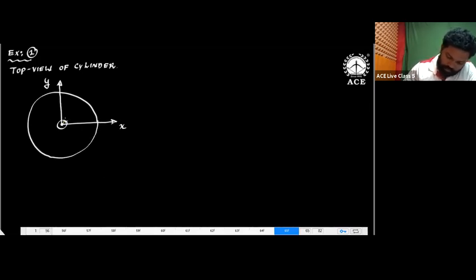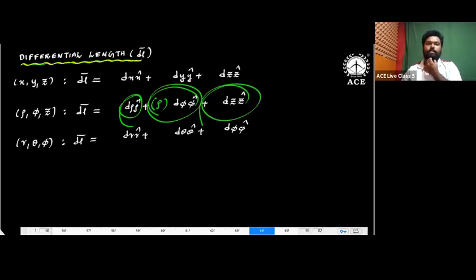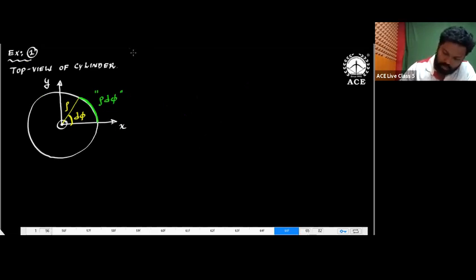And see here, this is rho, and the angle here is d phi. So what is the arc length here? Rho into d phi. Let me go back. So if you want to make this a distance, I should multiply with the rho, so that here it is distance, here it is distance, here it is distance. Clear? Fine. Now observe here further.